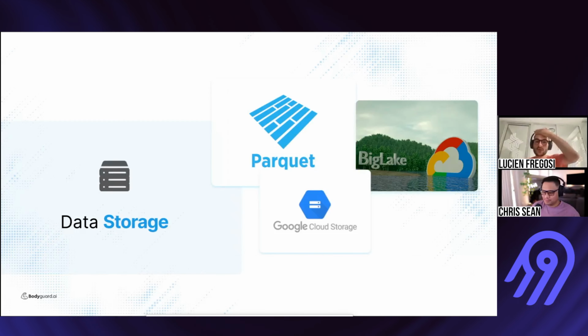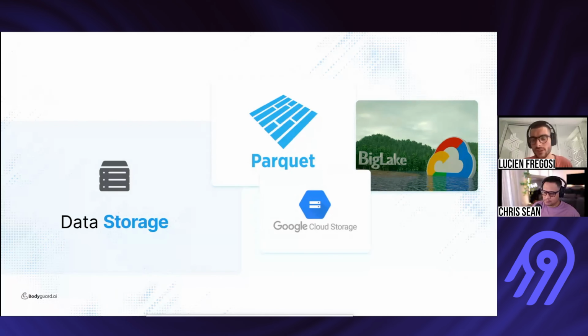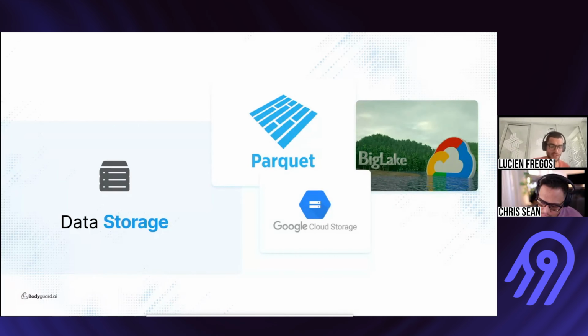So next is around the storage. We rely on Google Cloud Storage and Parquet format, like I said earlier. But the interesting thing in the data platform is our lakehouse approach, with the technology provided by Google named BigLake. BigLake is like a link between the storage on Google Cloud Storage and the compute on BigQuery.